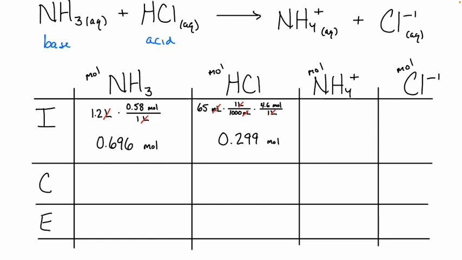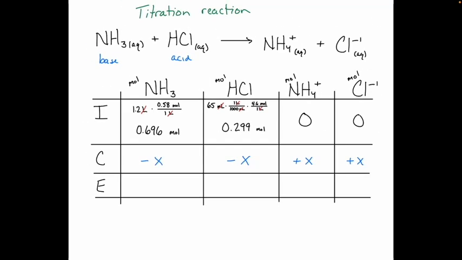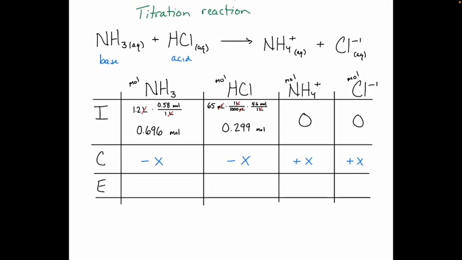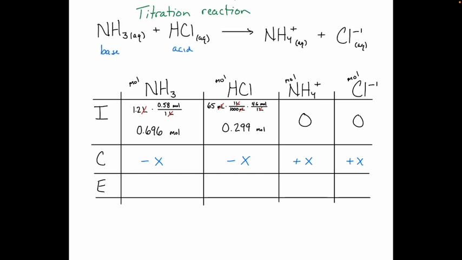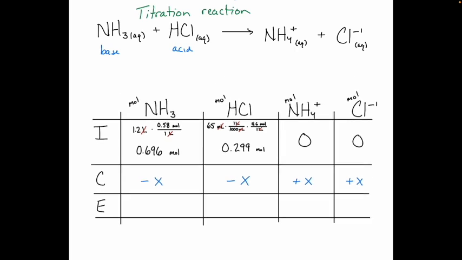All right, and we're going to start stuff off with no amount of product. Like before, our reactants will decrease in concentration and number of moles. My products will increase. But for this particular ice table, let me just make note.